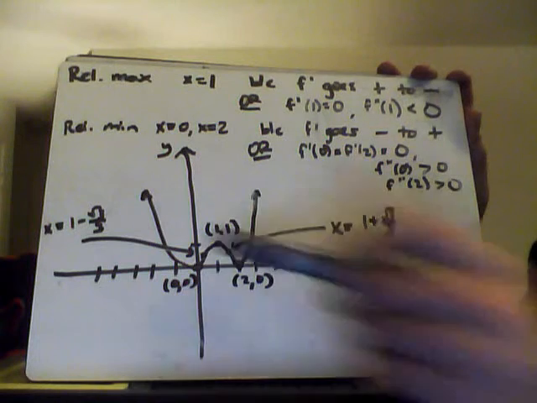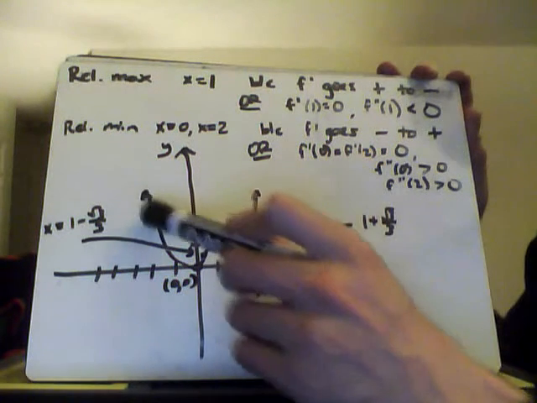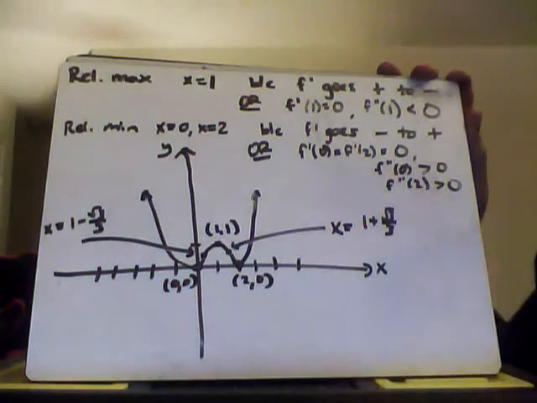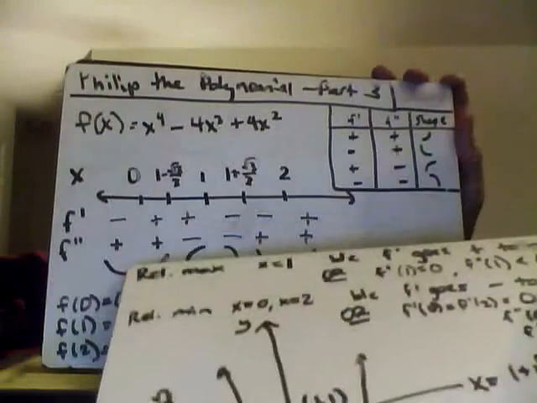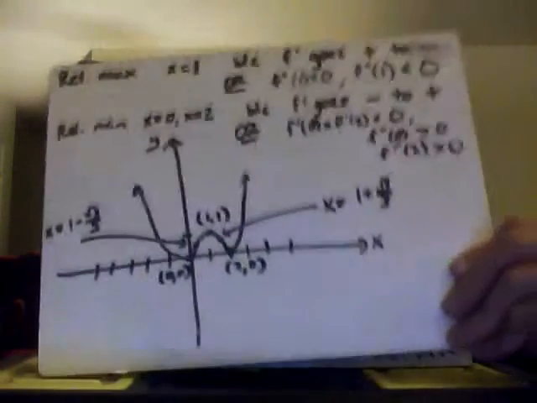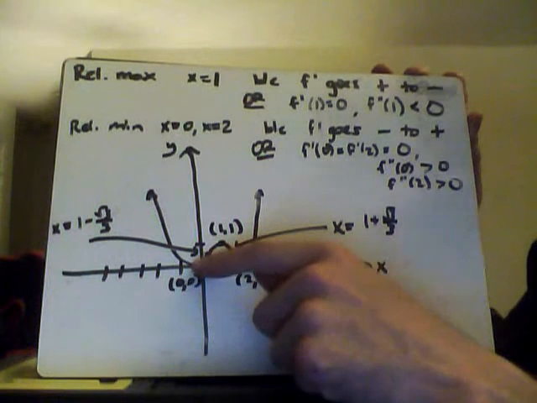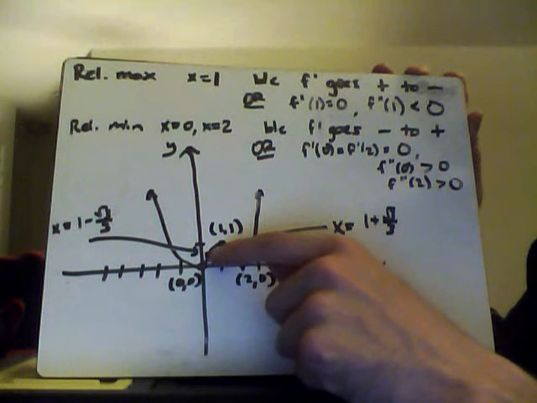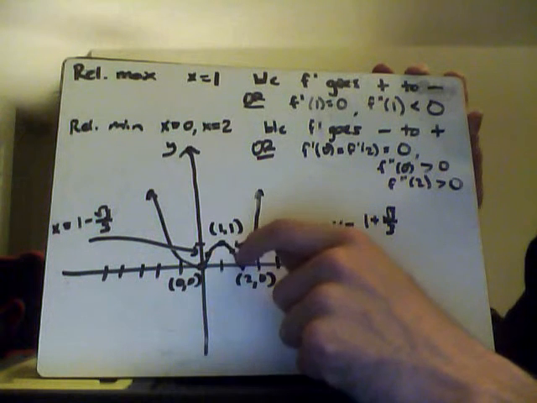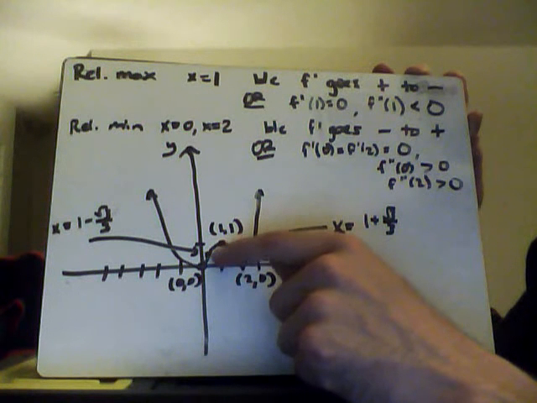Putting this all together, we have a little piece that decreases and is concave up all the way up to x is equal to 0. You can see that piece there. All the way up until the inflection point of 1 minus root 3 over 3, we have a concave up but increasing piece. Thereafter, up until we get to x is equal to 1, we have concave down and increasing.